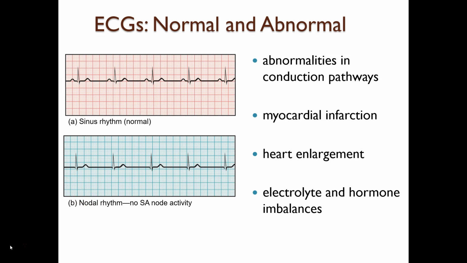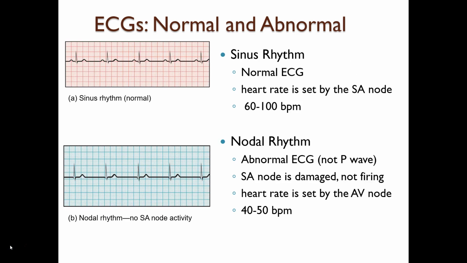Okay? So the nodal rhythm, and there are a couple of points, so make sure you know the differences between the nodal rhythm and the sinus rhythm, which is normal, right? So sinus rhythm.